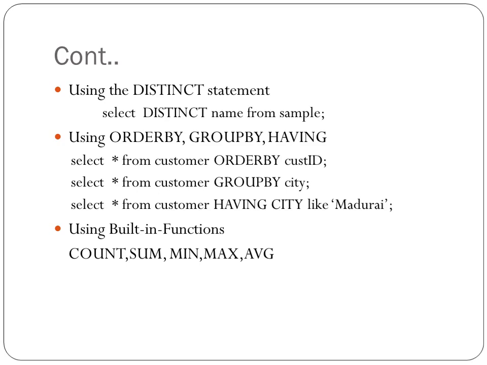So here I am going to order my data based on some field. I am going to group the data based on some field. And next one is I am going to print the data having some city like Madurai or having some name like Sam. And using built-in functions.